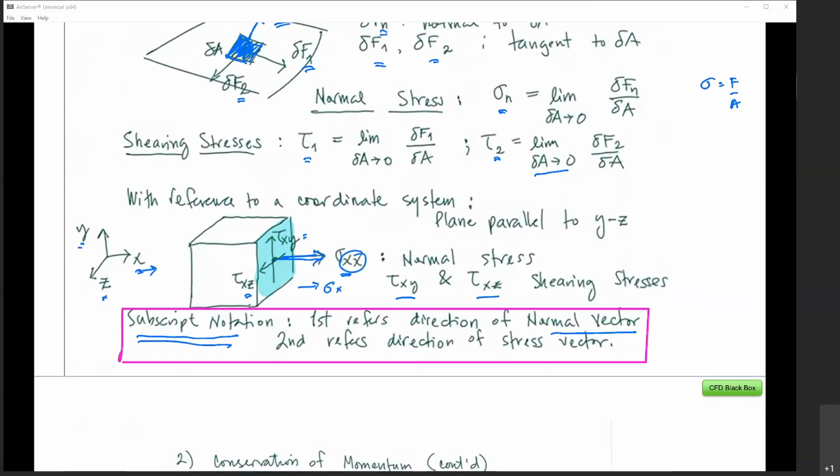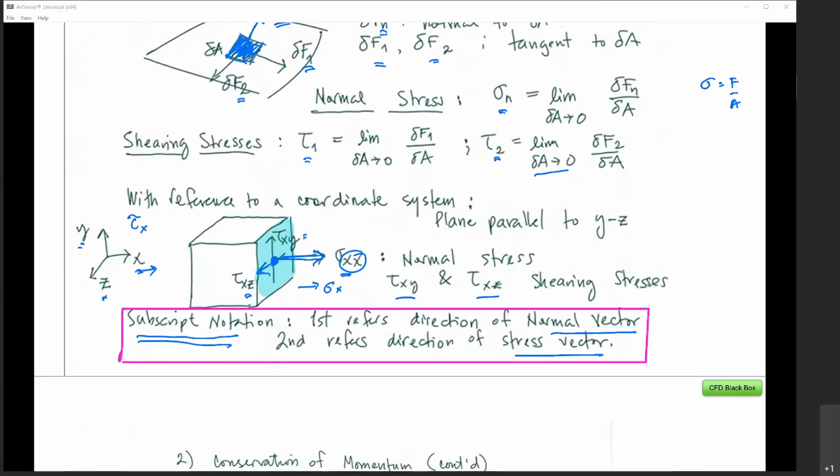And the second one refers to the direction of the stress vector. For example, if we have tau xz over here, the first one, tau x, is there because it is located on the surface where the normal stress is moving in the x direction.